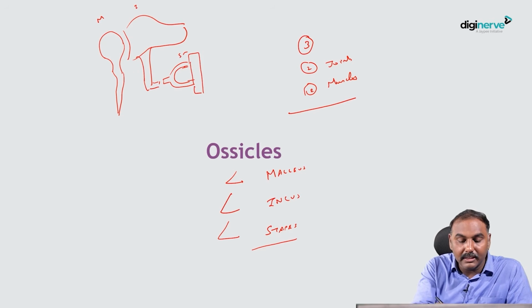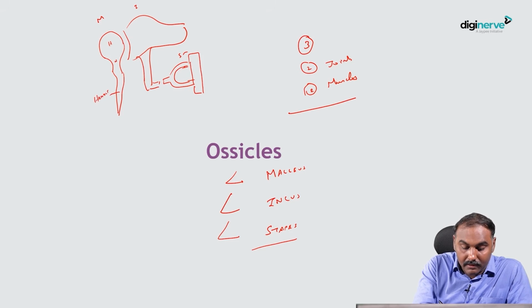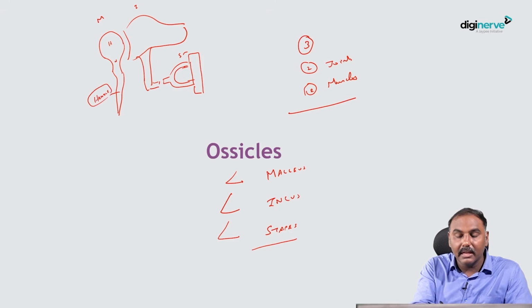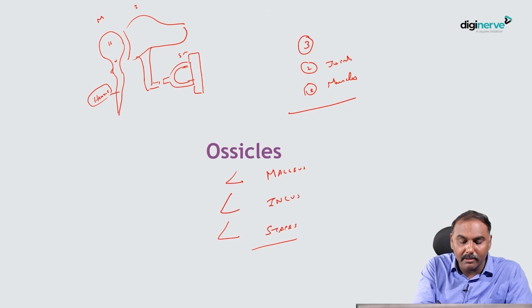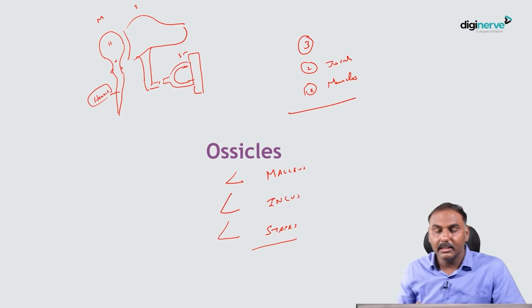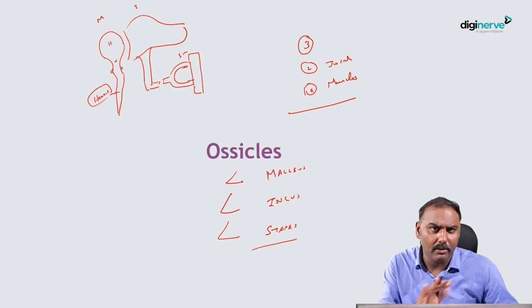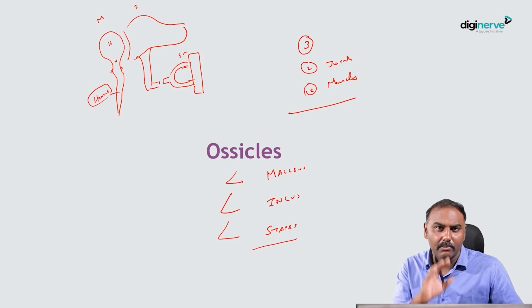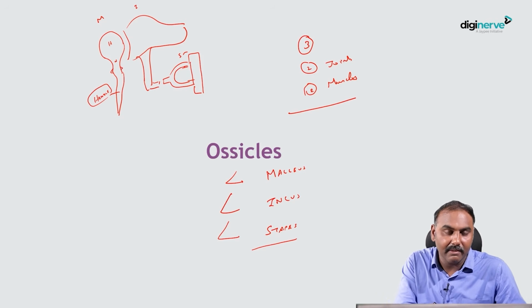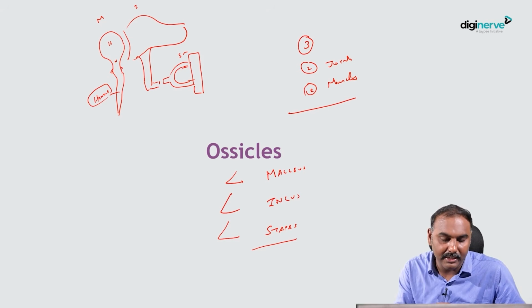The Malleus will consist of a head, neck and the handle of Malleus, and there will be 2 processes. One will be the lateral process, one will be the anterior process. That's not much important. They won't ask in much complicated ways. Have it in mind, we have a head, neck, handle of Malleus.